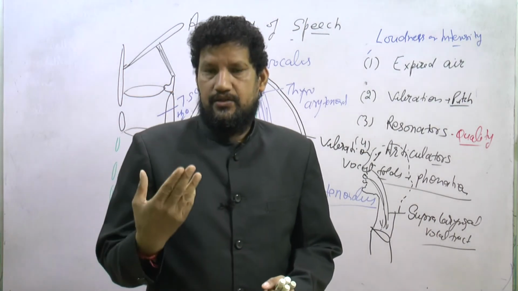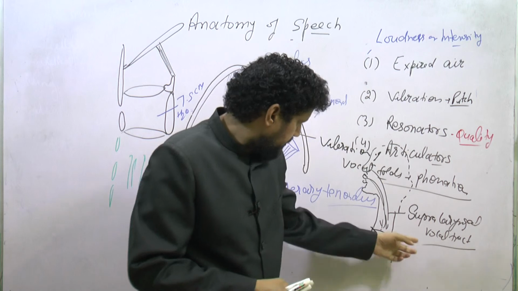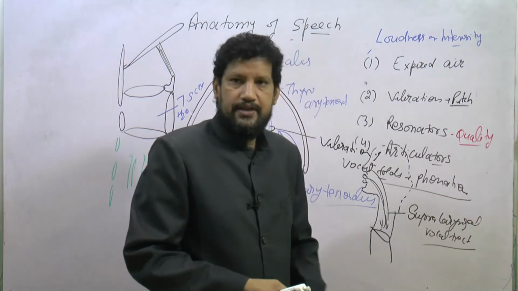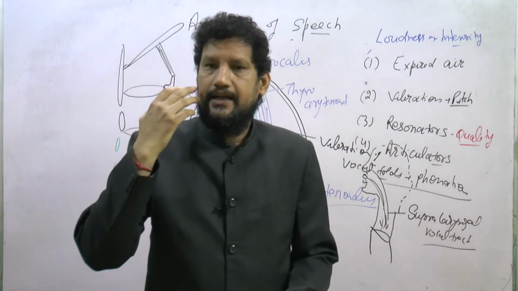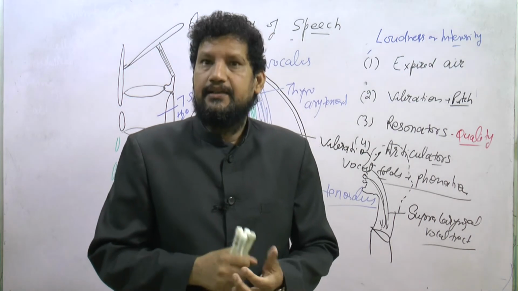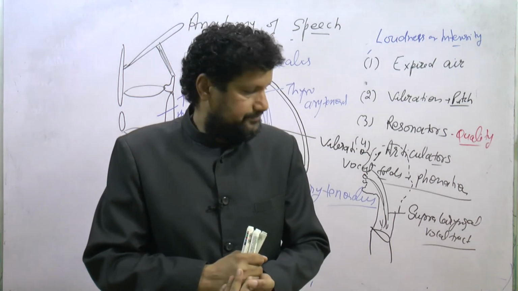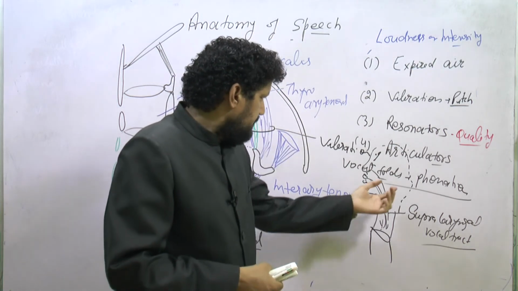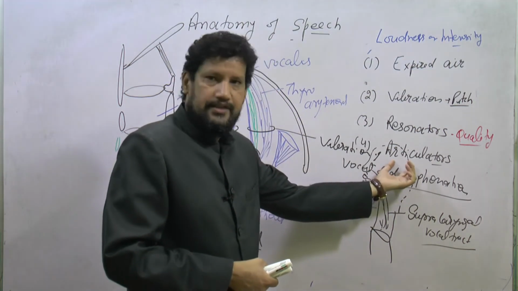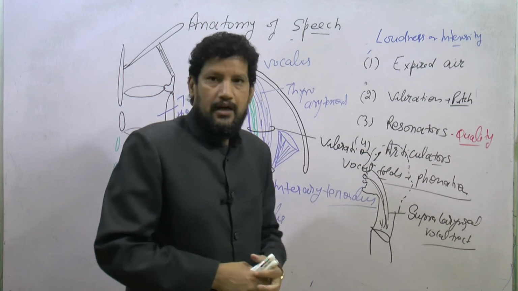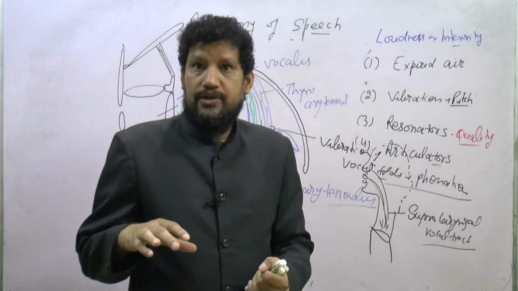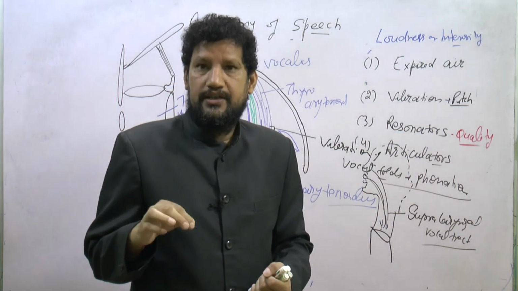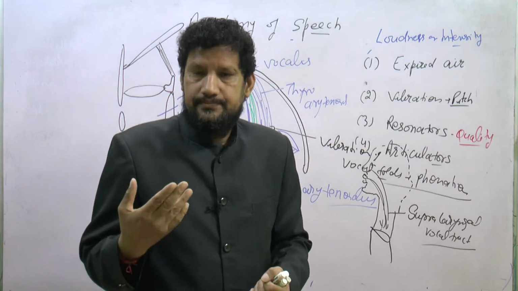The last part of this supralaryngeal vocal tract is the oral cavity and the nasal cavity with the air sinuses. These articulators are narrowing down the tract.